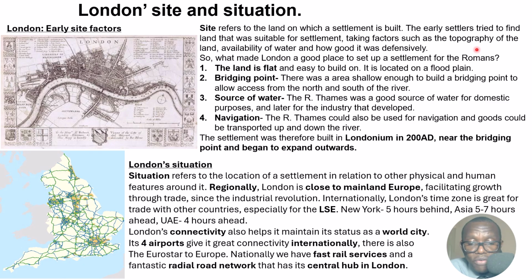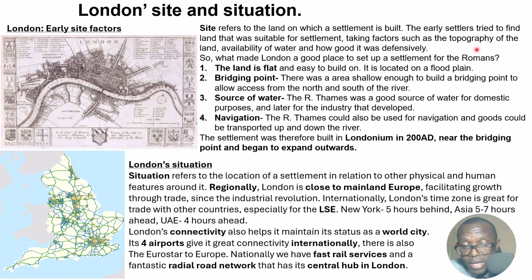Then we also have connectivity, and that also helps maintain London's status as a world city. Now, as we saw in the challenges of an urbanizing world topic, a world city is one that has influence economically and politically around the world. London has 4 airports, which gives it great connectivity.